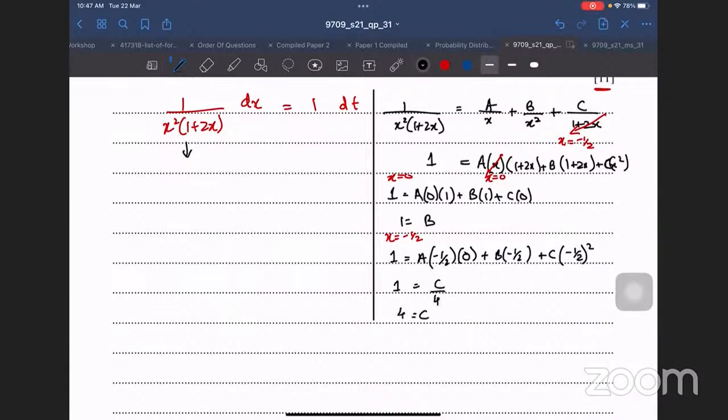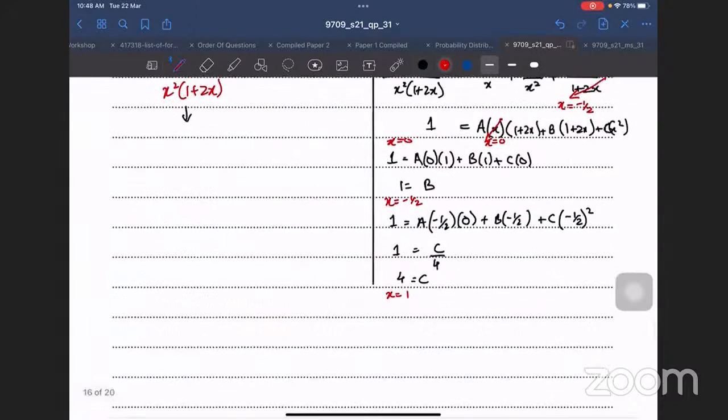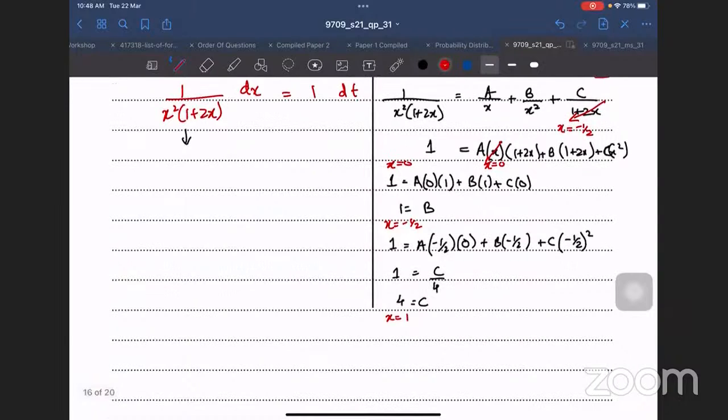C equals 4. And I can take any random value of x because I have no more brackets to make, no more expressions that I could make 0. So I take x equals 1. I have the values of B and C.